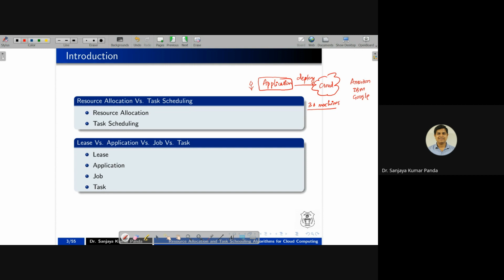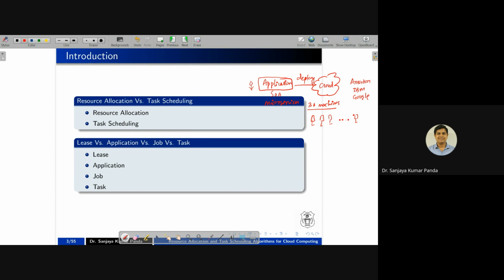On the other hand, we have task scheduling. Suppose 30 machines are assigned to you. Now you can decide, let's say your application is a service oriented architecture based application, or a microservice based application, in which your application is divided into small parts.